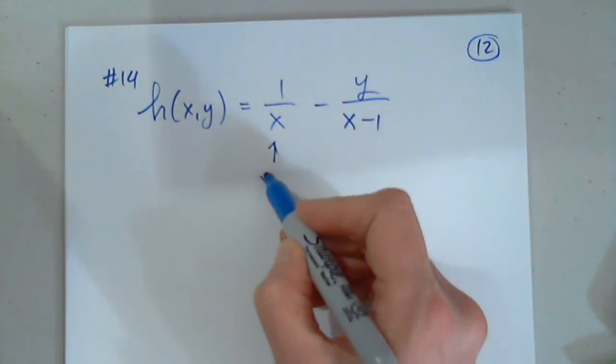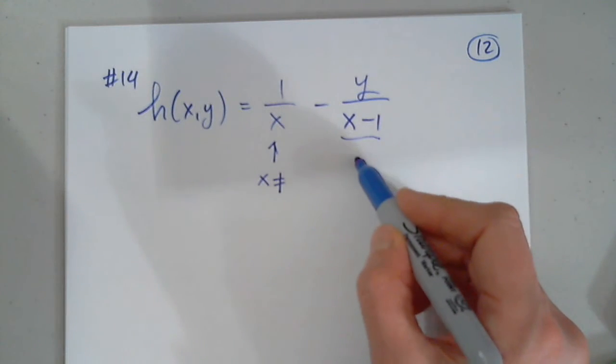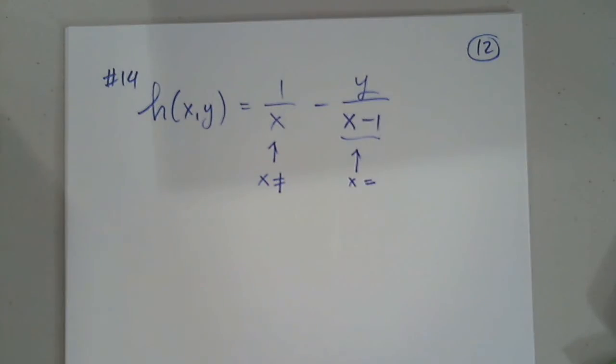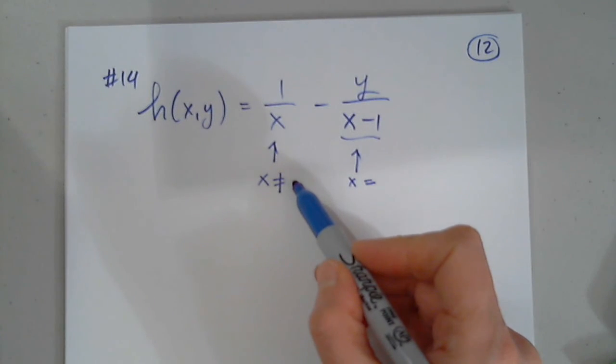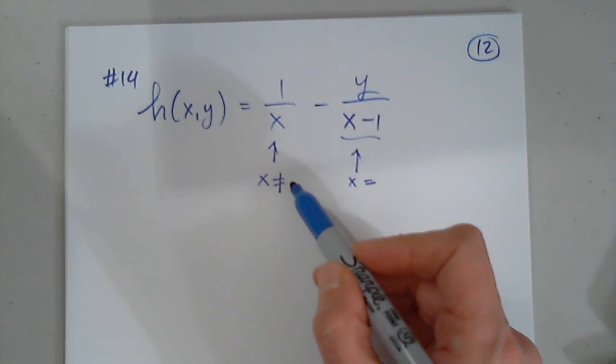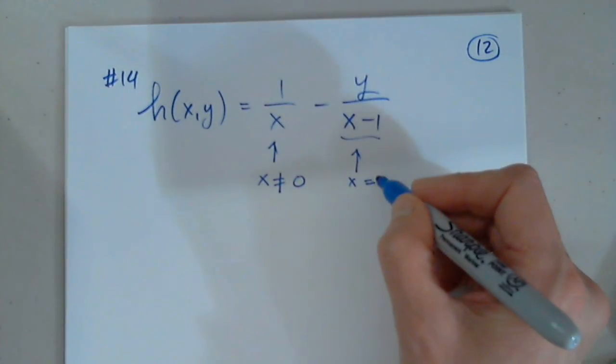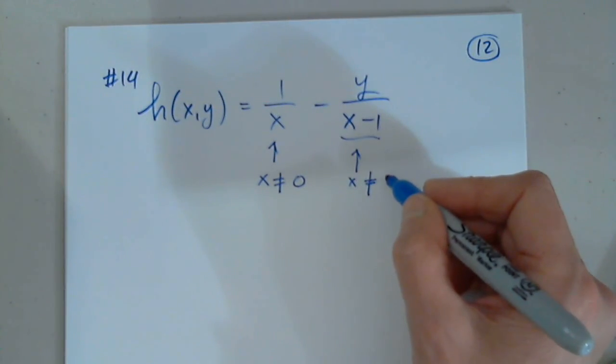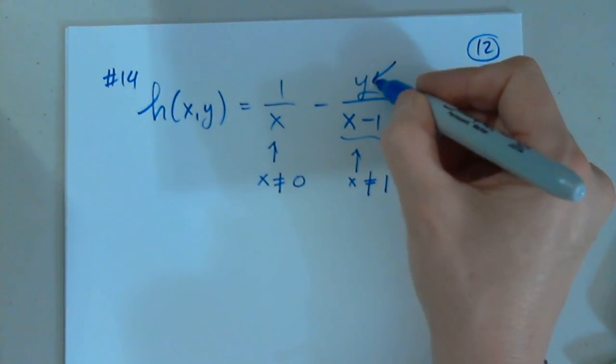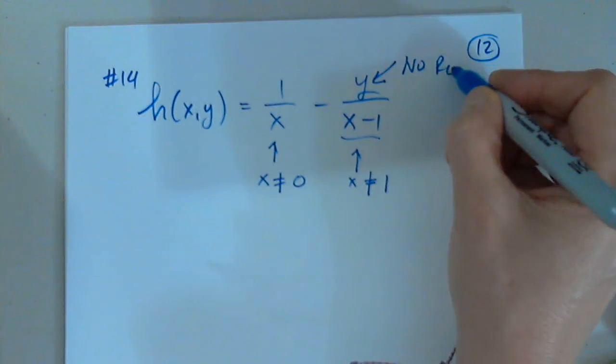We know that x cannot be, and this x cannot be. X cannot equal 0. Yes, and here x cannot equal 1. Good. There is no restriction on y. No restriction.